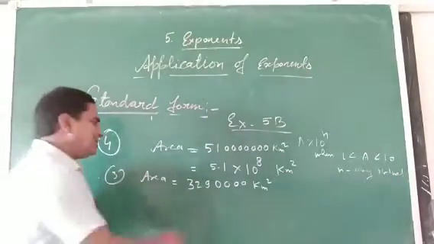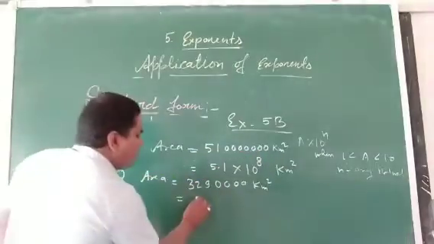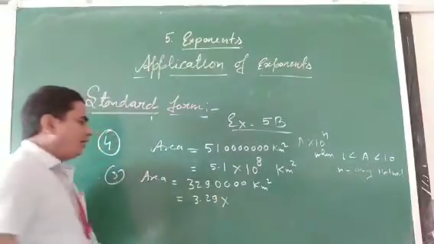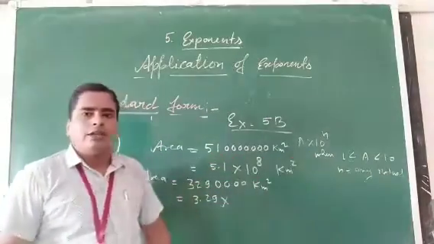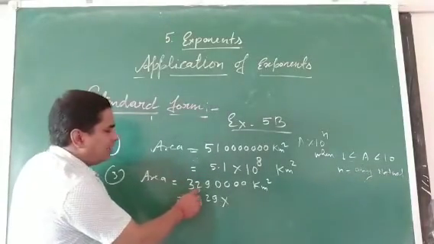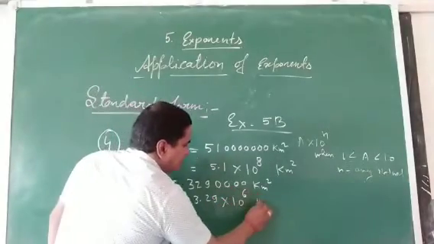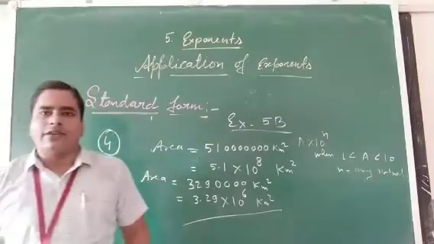So again, you can write this in standard form. First we find the value of A between 1 and 10: 3.29 into a power of 10. What will be the power of 10? What will be the value of n? How many places are left after 3? 1, 2, 3, 4, 5, 6. 10 to the power 6. So this is the area of India in standard form.